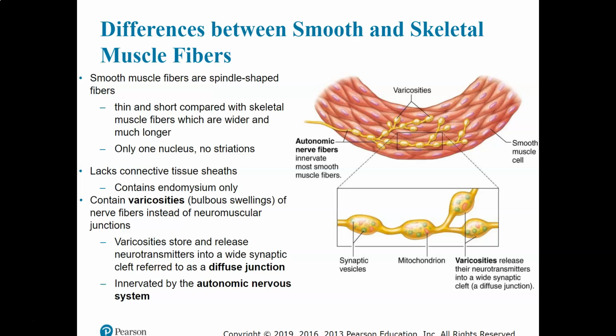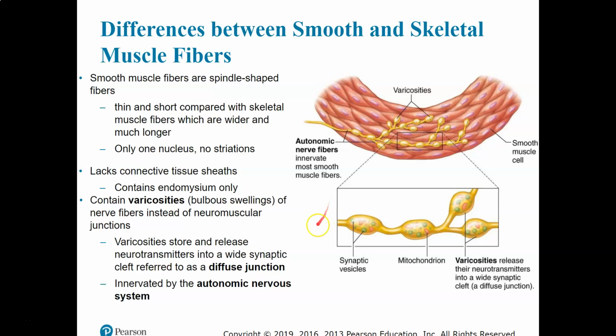The connection between the nervous system and smooth muscles is going to be different. One, not all smooth muscles actually have nervous innervation. If they are innervated, it's going to be by the autonomic nervous system, not by the somatic motor nerves.